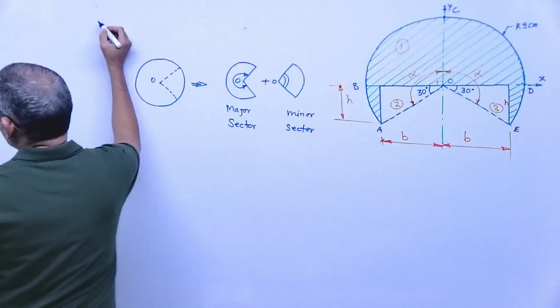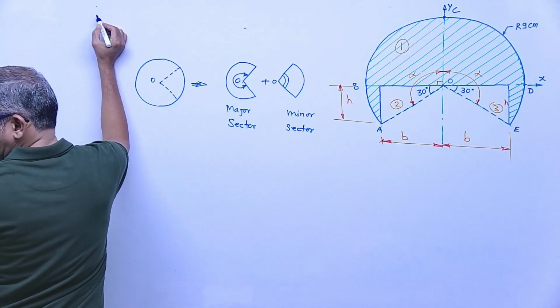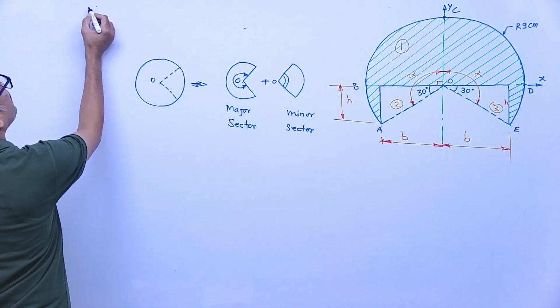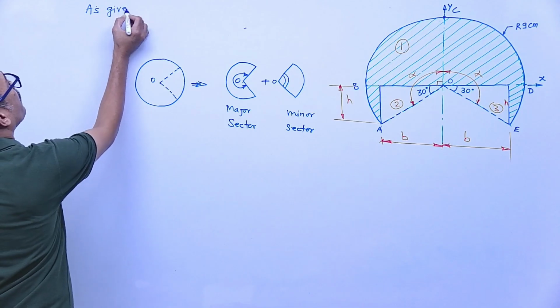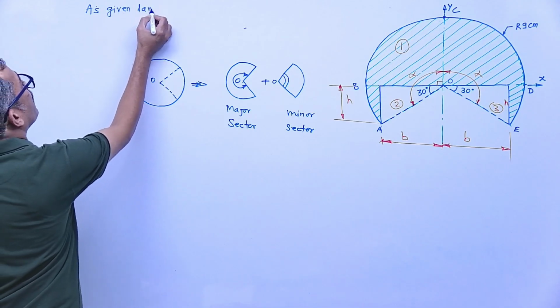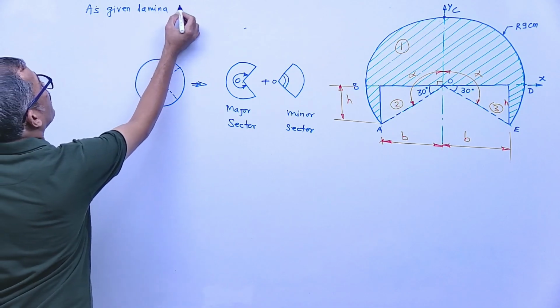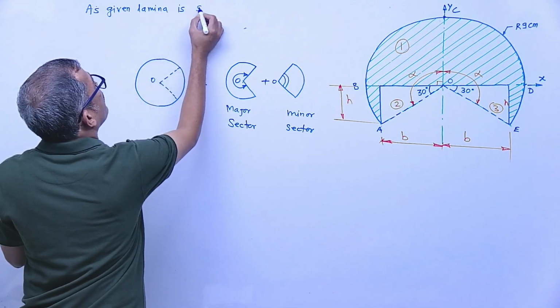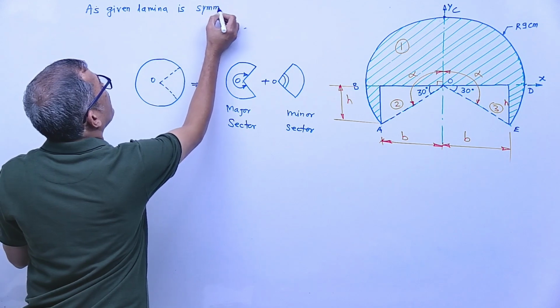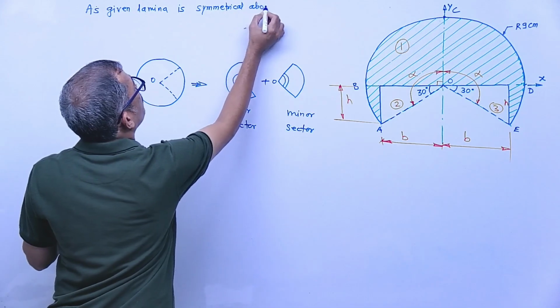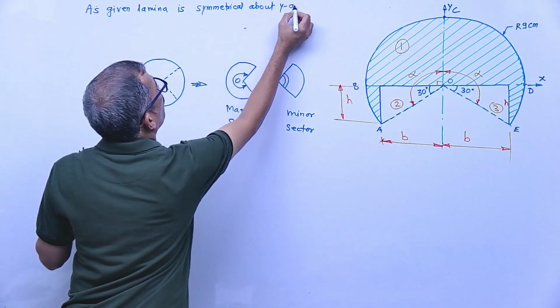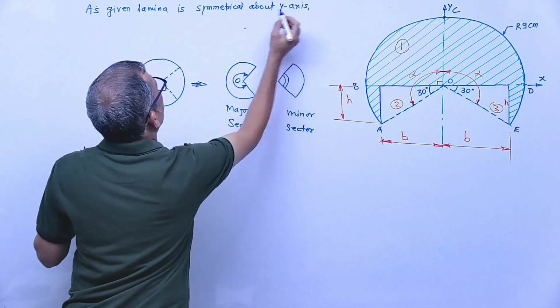That means, see here, as the given lamina is symmetrical about the y axis, the centroid lies on the y axis.